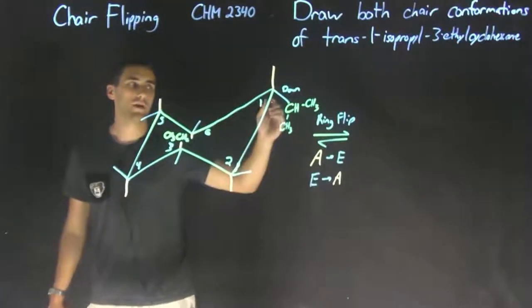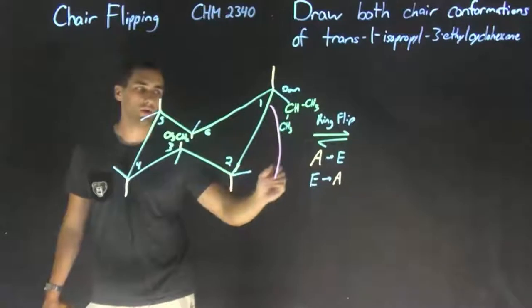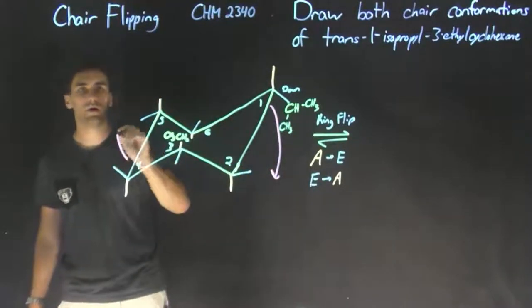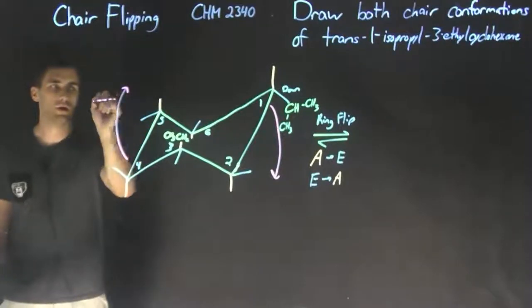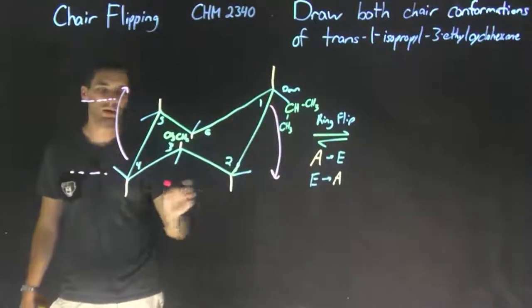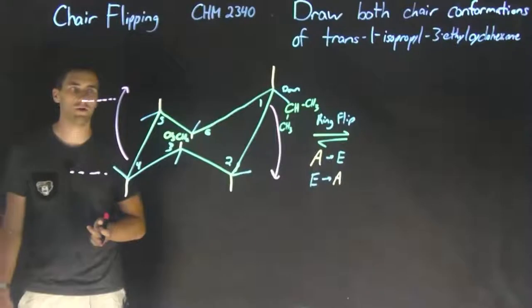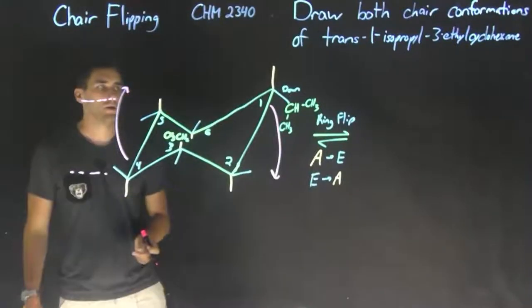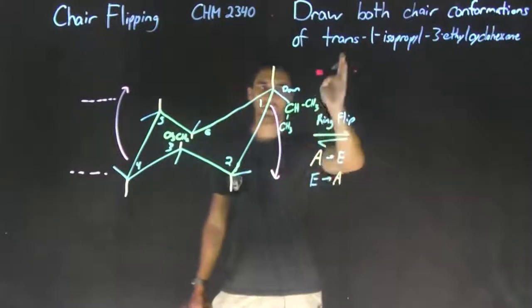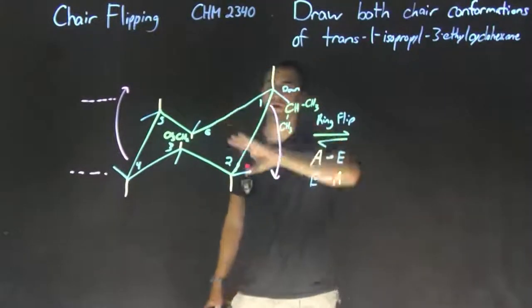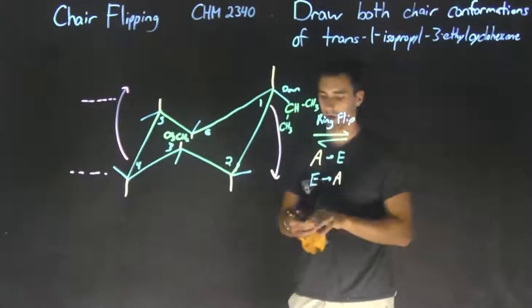One way is we pull this one carbon down and then this fourth carbon up. You can see that this one carbon is higher than this 4 carbon here. The other way to think of it is you can do a mirror image of this cyclohexane here.